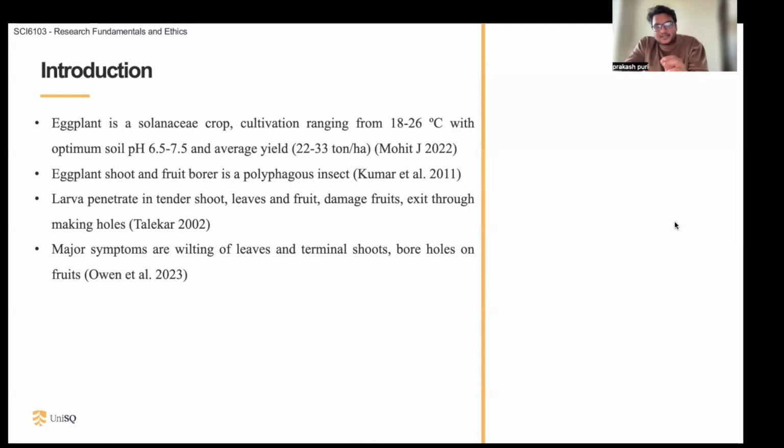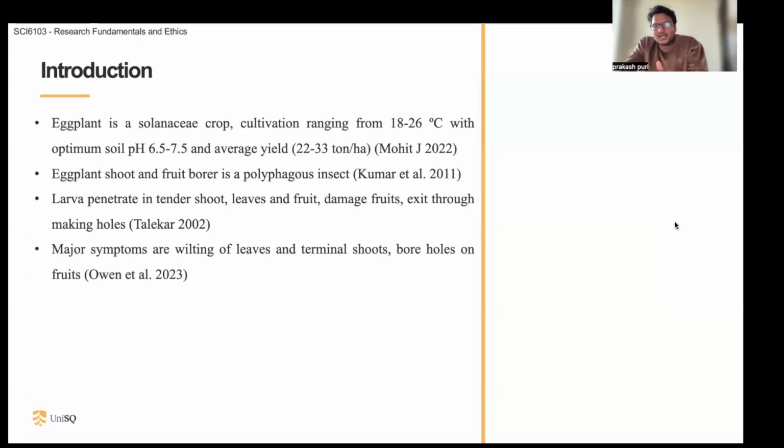They penetrate inside the fruit by making a hole and exit by making an exit hole. They damage the fruit and return to the soil for pupation.